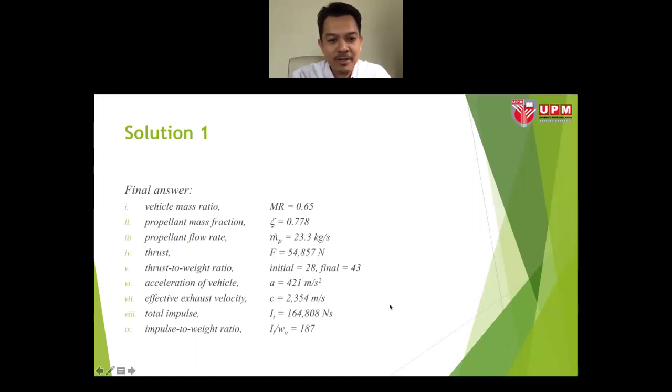So in summary, the final answer asked in this particular question asks us to calculate the vehicle mass ratio. We have the vehicle mass ratio value, the propellant mass fraction, propellant flow rate, thrust, thrust to weight ratio, initial and final, acceleration of the vehicle, effective exhaust velocity, and finally the total impulse and impulse to weight ratio.